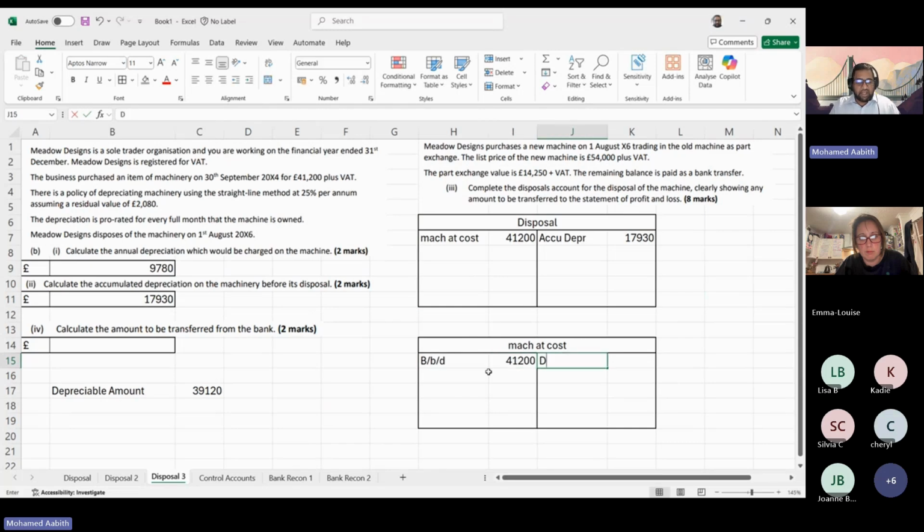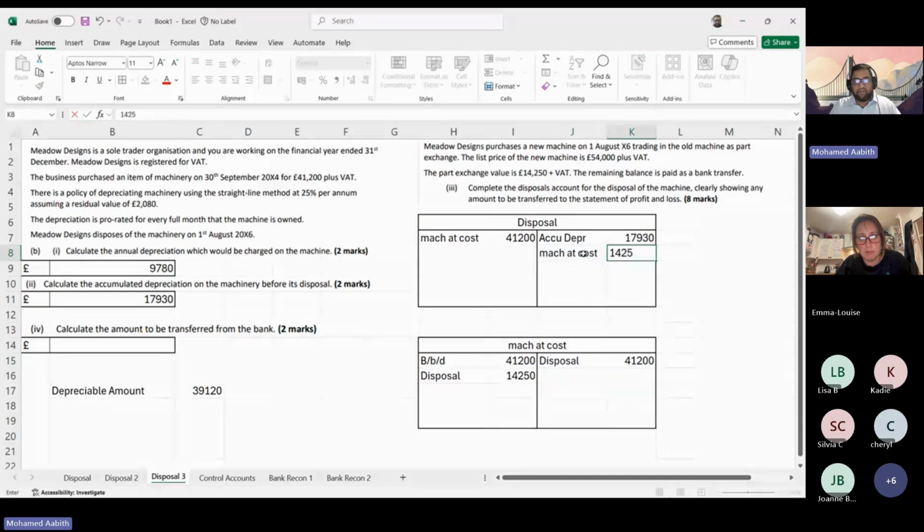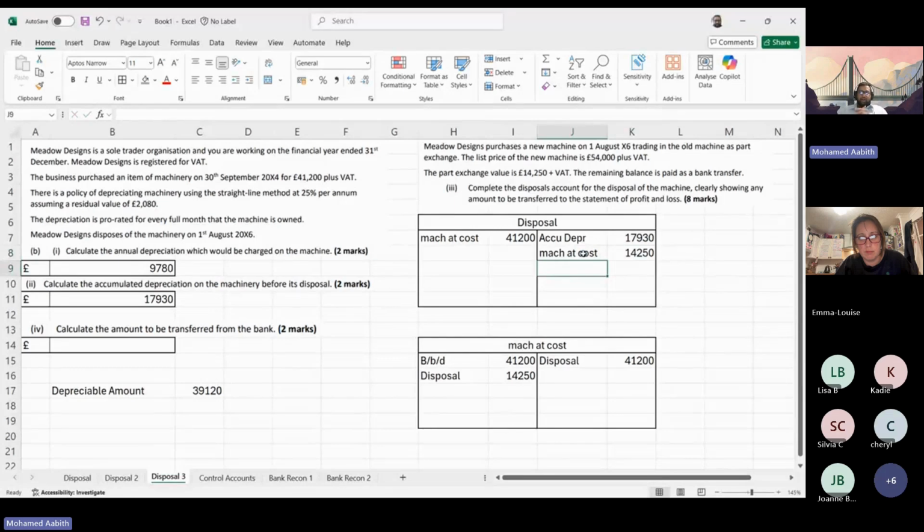So here I'm going to say disposal, £41,200. We also now know we received a part exchange value towards the new machinery. So we're going to say again disposal, £14,250. So here I'm going to say machinery at cost, because we received a new machinery now, £14,250. So we have that figure down.